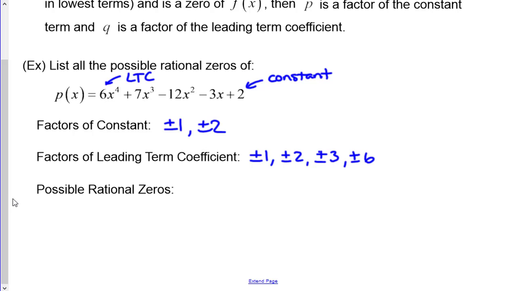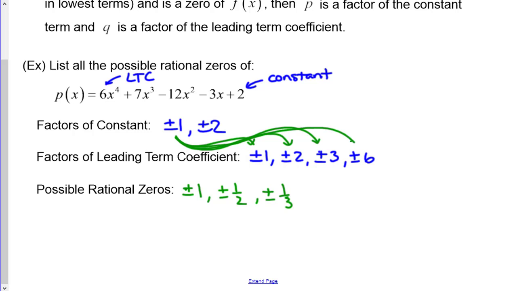For instance, 1 over 1 gives me just 1, so plus or minus 1. 1 over 2 could be plus or minus 1/2. 1 over 3, then plus or minus 1/3. And 1 over 6, so plus or minus 1/6.